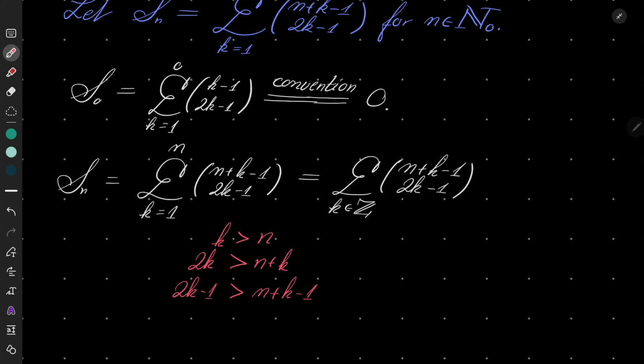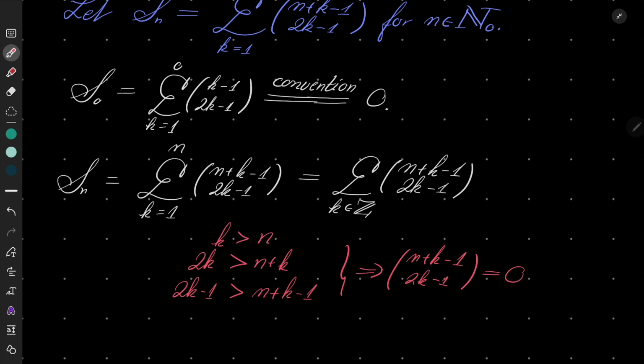And again, the upper part of the binomial coefficient is less than the lower part. So also in that case, n plus k minus 1 choose 2k minus 1 is 0. It's not by convention, but by definition.